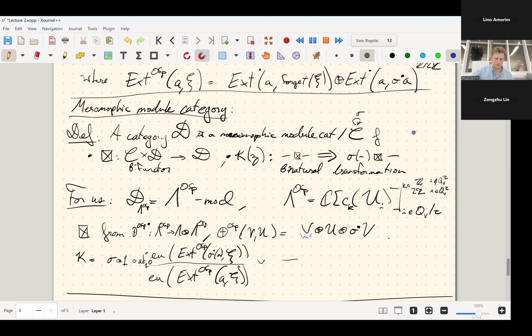This defines for us another object with a natural choice of isomorphism to its dual.